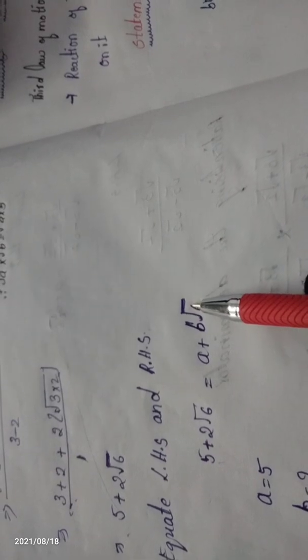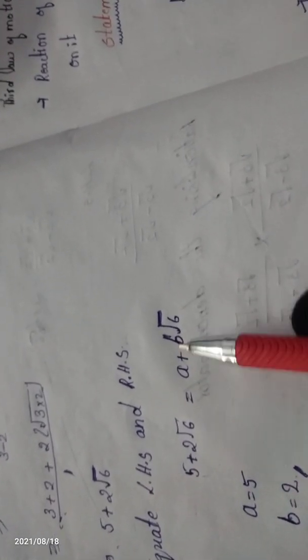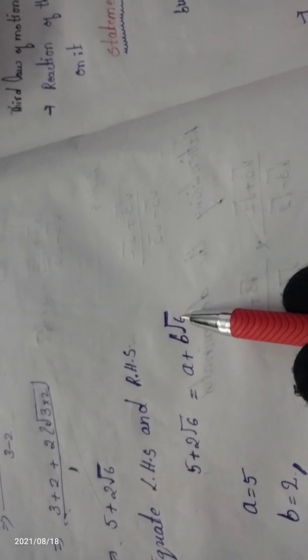Compare the LHS and RHS. In place of A we have 5, means that the A value should be 5. The plus is there, root 6 is there. In place of B we have 2, means that the B value should be 2.